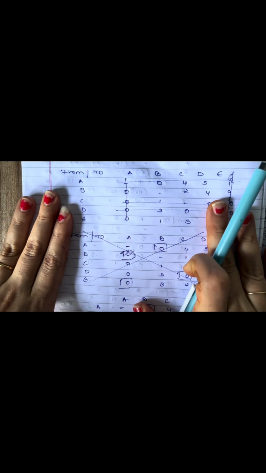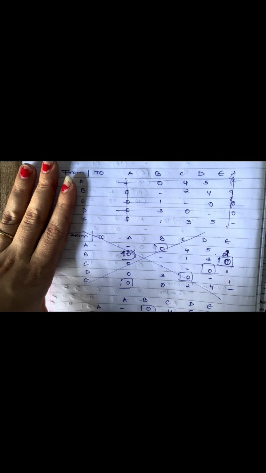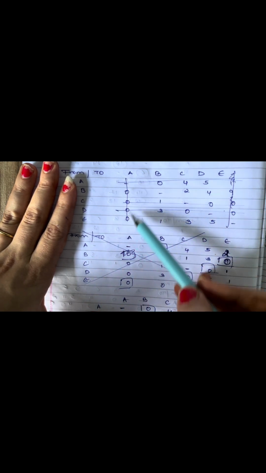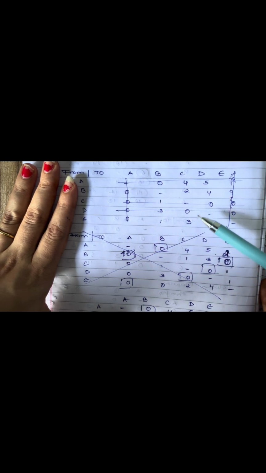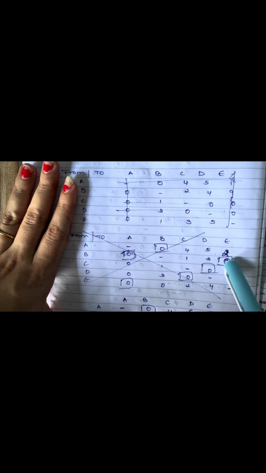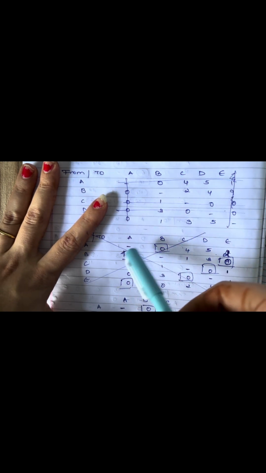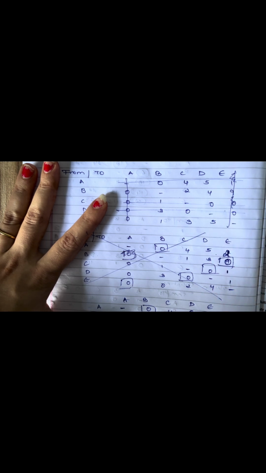For preparing the improved matrix, I'm supposed to draw minimum lines, drawn in such a way that all zeros are covered. For covering all zeros, you have to draw vertical and horizontal lines. Diagonal lines not allowed. Minimum lines you have to draw.